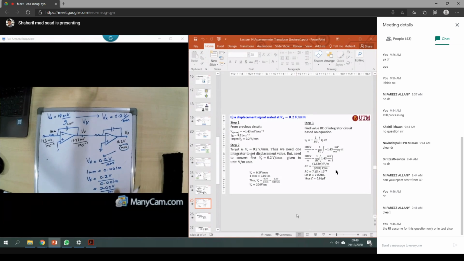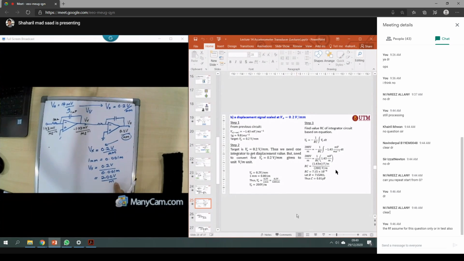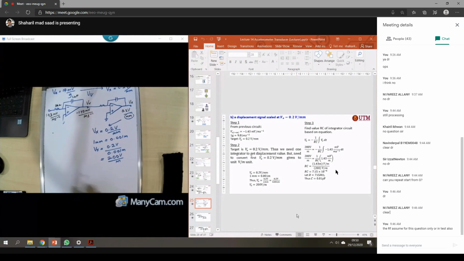Okay, so done. We already converted this to the standard unit, meter, and then you can find the values of C and R here, because we use another integrator with C and R based on that formula.